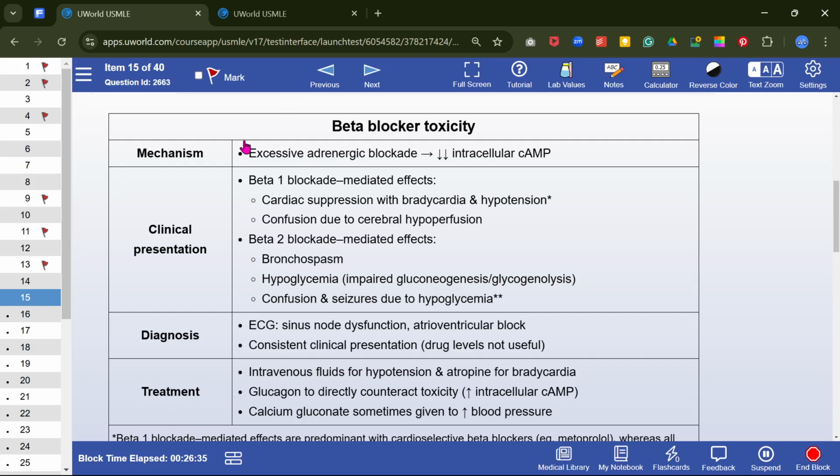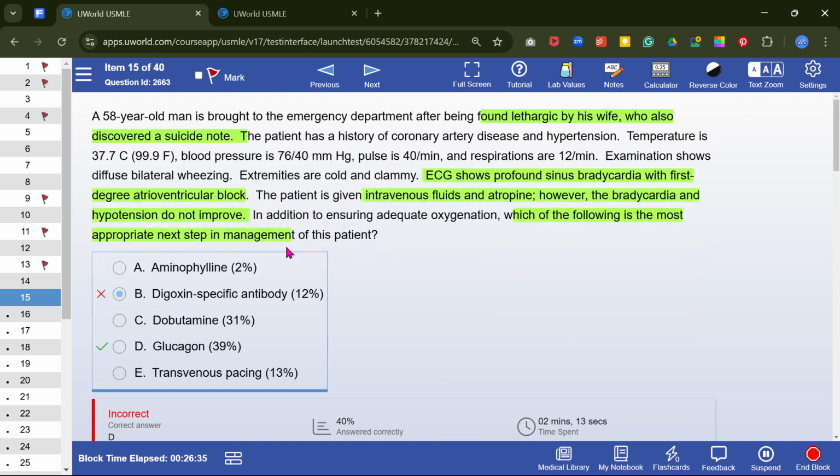Why am I saying it's a clue? Because in complete heart block, the treatment would be transvenous pacing or a cardiac pacemaker, isn't it? But in first degree AV block, we do not give a pacer. So it is not the complete heart block one.